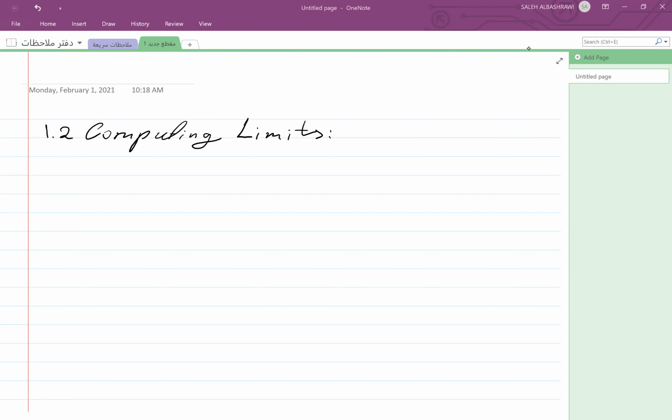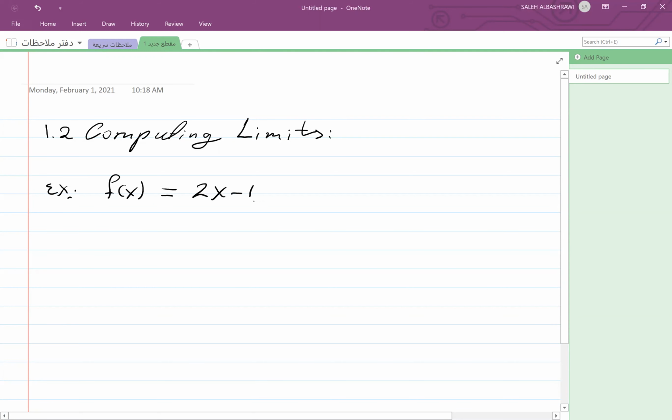For any function, let's start with an example. We have f of x, for example, equal to 2x minus 1. This is a function. For any function, we have two parts. The first part we call the independent variable, and the second part is the dependent variable, or the output of the function. The independent variable is the one that will control the output.